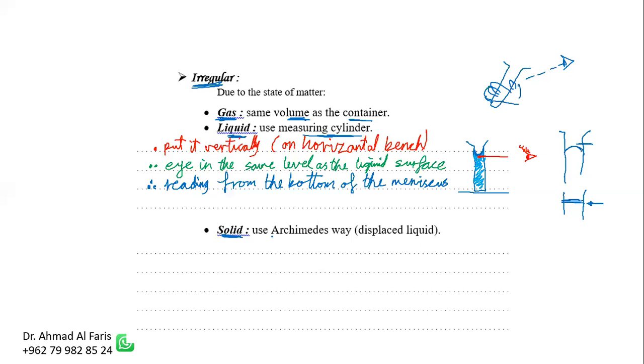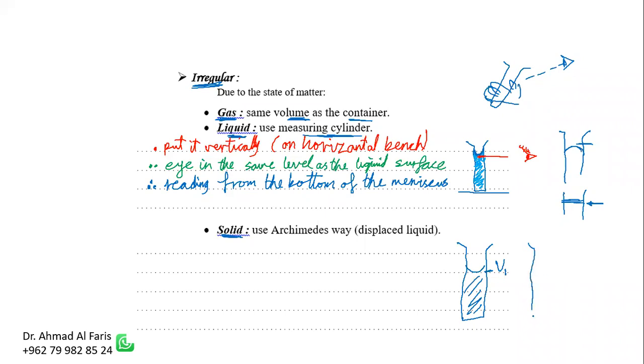Next, what about solids? For solids, we are going to do as Archimedes did 2,000 years ago. Archimedes found how to measure the volume of the crown, if you know the story, and he said his famous word, eureka. So what we will do is bring the measuring cylinder, half full with water or liquid, and take its volume, V1.